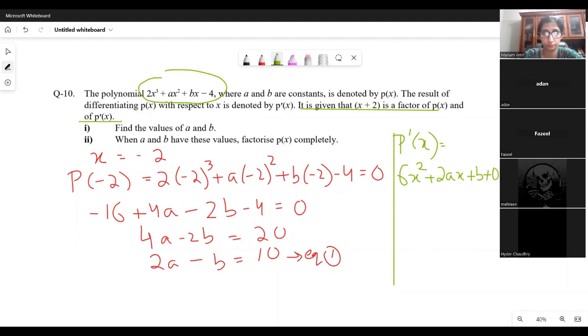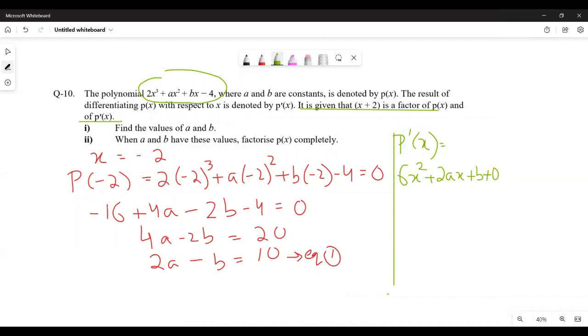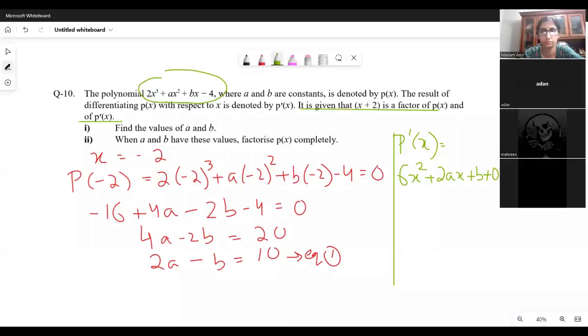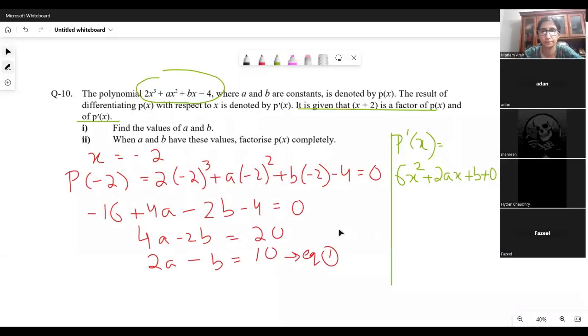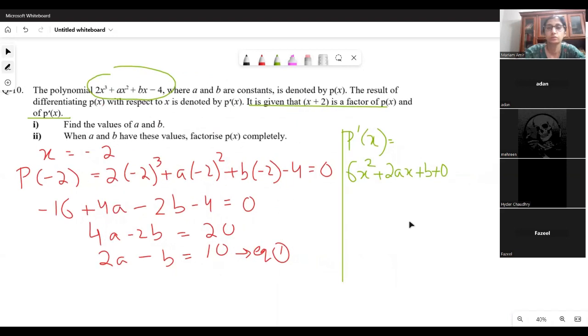I'm going to send you guys a new link now. So x plus 2 is also a factor of p'(x).